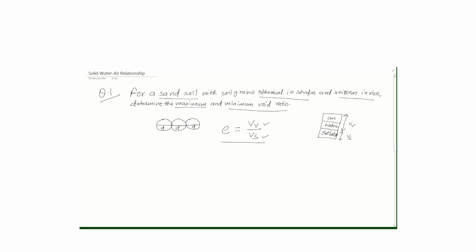So when we have the maximum void ratio, the maximum void ratio will be there when the soil has a configuration like this. Suppose a soil is going to be arranged like this.